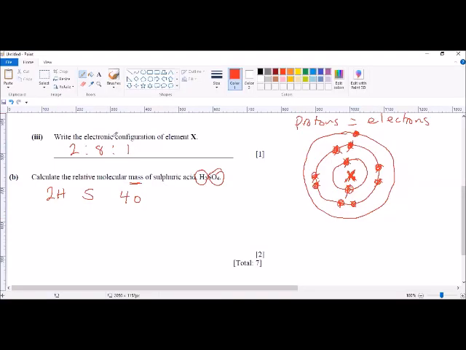So it is 2 times 1, because we have 2 hydrogens, plus 1 sulfur, 32, plus 4 oxygen, 4 times 16.